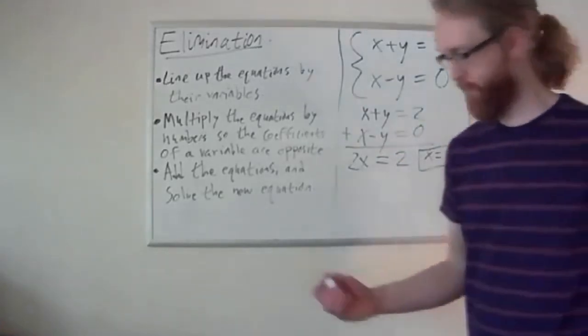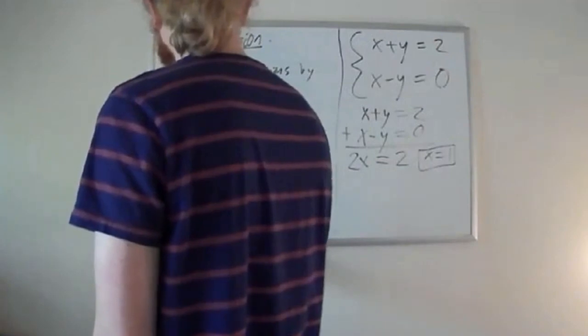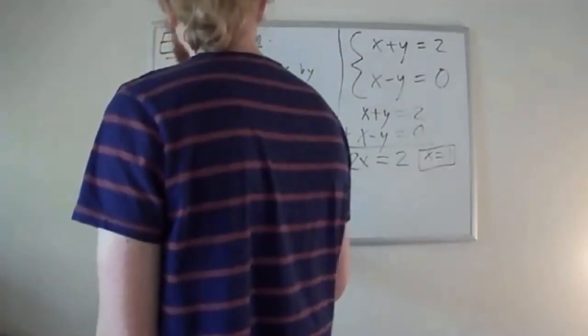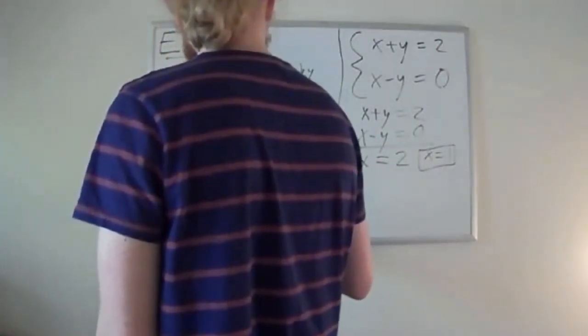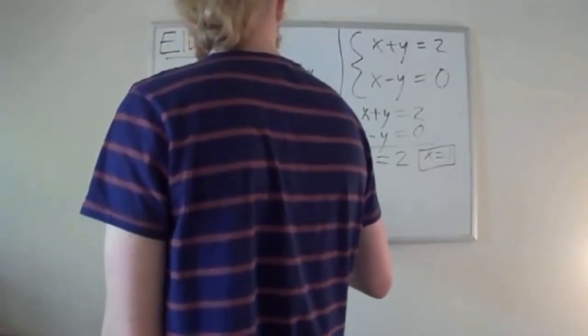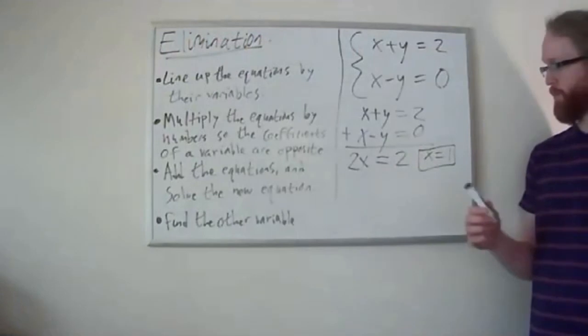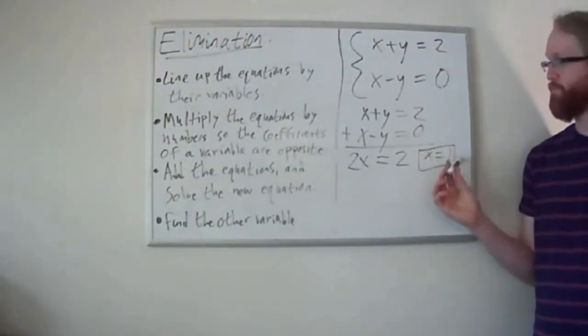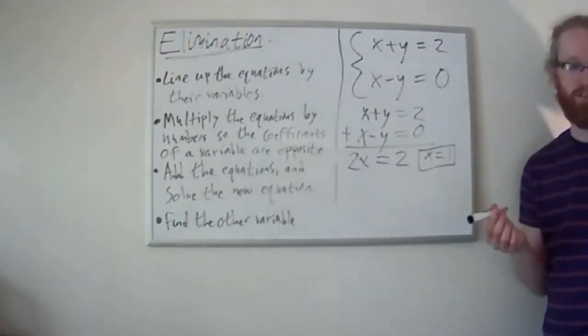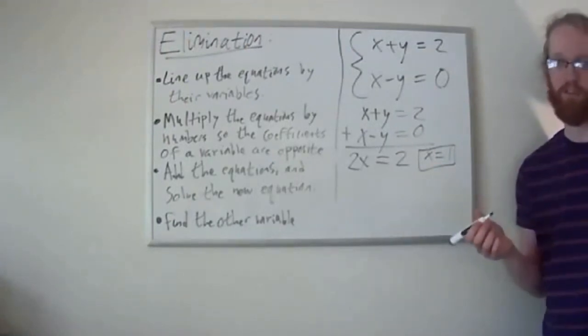And now the last step of the method, of course, is to find the other variable. So now I just need to find the other variable. If I know x is 1, I can go back to one of these equations and substitute 1 for x and solve.